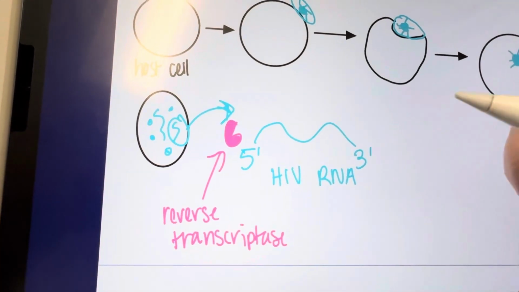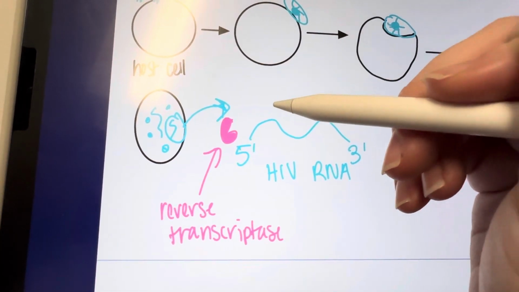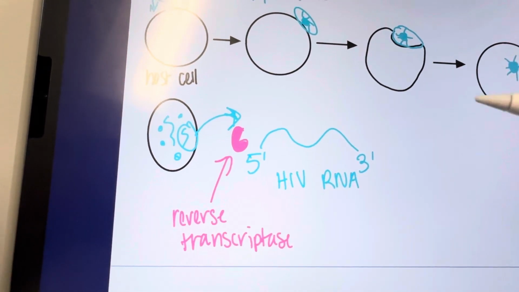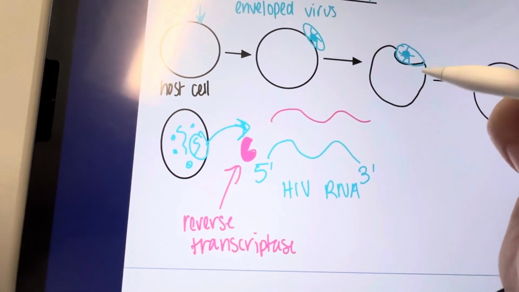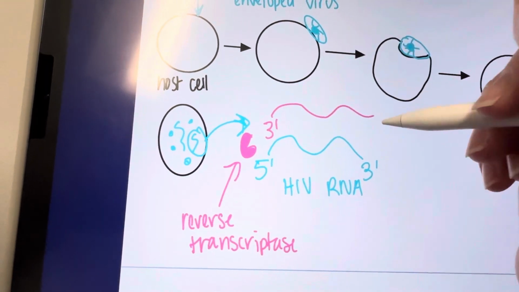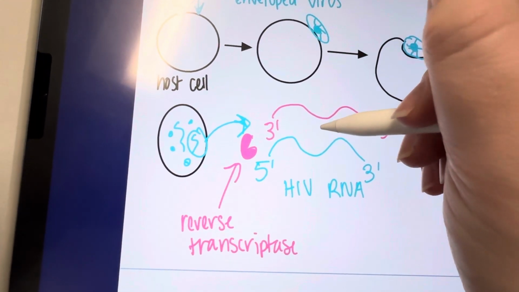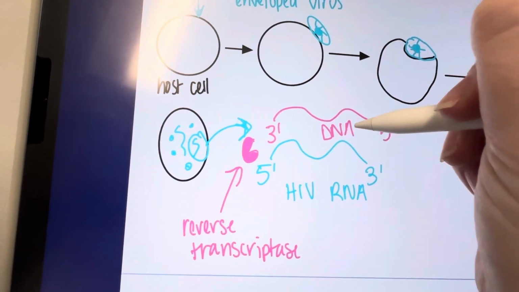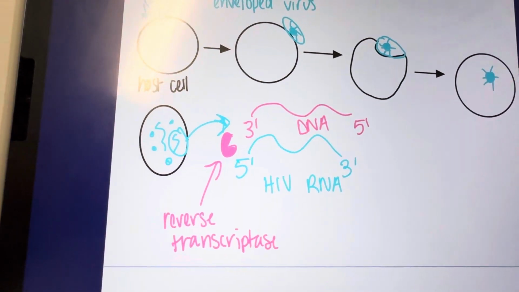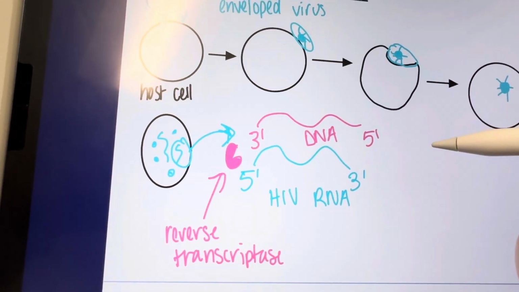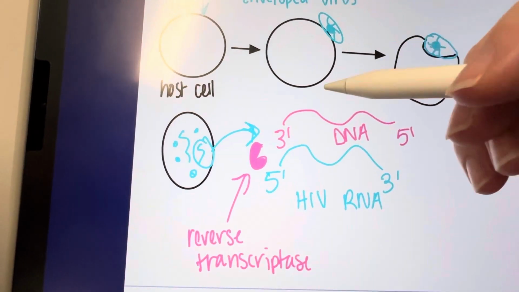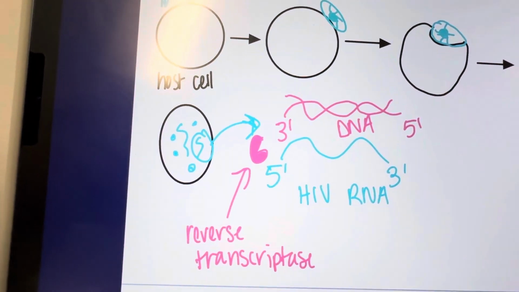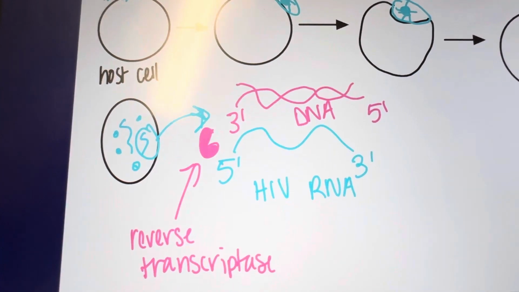And what this does is that the reverse transcriptase will go through the HIV RNA and make a complementary strand, 3' to 5' DNA, and then it will make an exact copy of the 5' to 3' to make the double-stranded DNA.